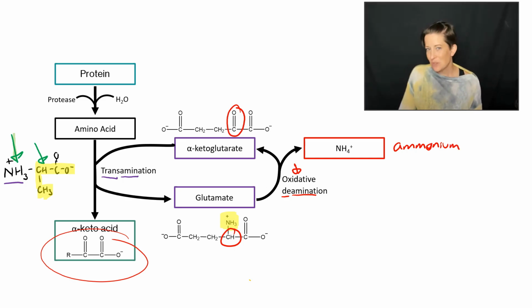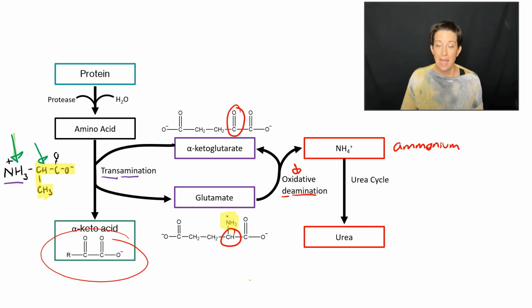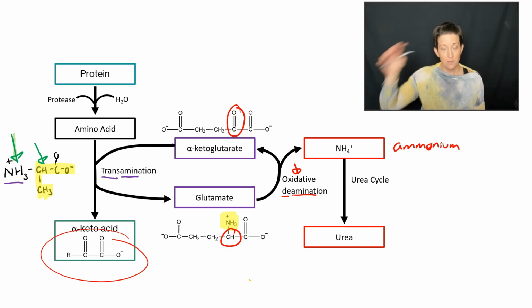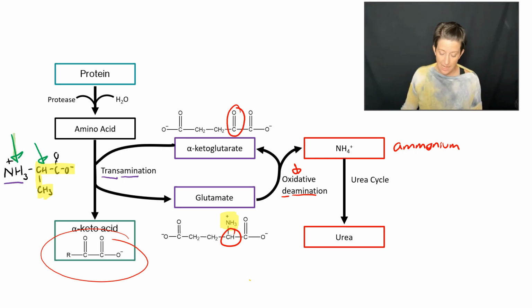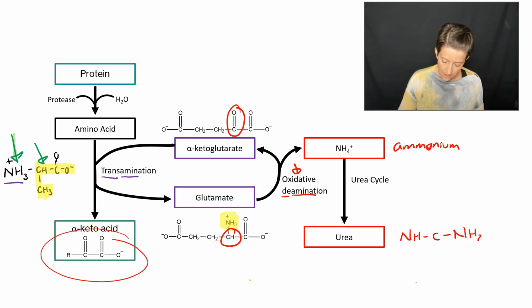We cannot use ammonium in our body, therefore this is going to undergo what's called the urea cycle, and then that urea will move to the kidney to then be flushed out as urea. So urea is the final compound that is made for our nitrogens to be then excreted from our body.